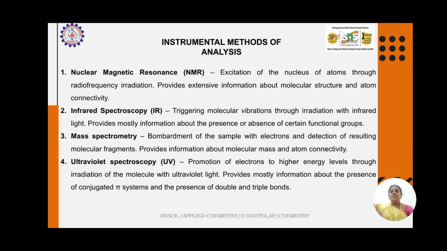There are four major spectroscopy methods in instrumental analysis: nuclear magnetic resonance, infrared spectroscopy, mass spectroscopy, and ultraviolet spectroscopy. Infrared spectroscopy deals with the infrared region of the electromagnetic spectrum, that is, light having a longer wavelength and a lower frequency than visible light.